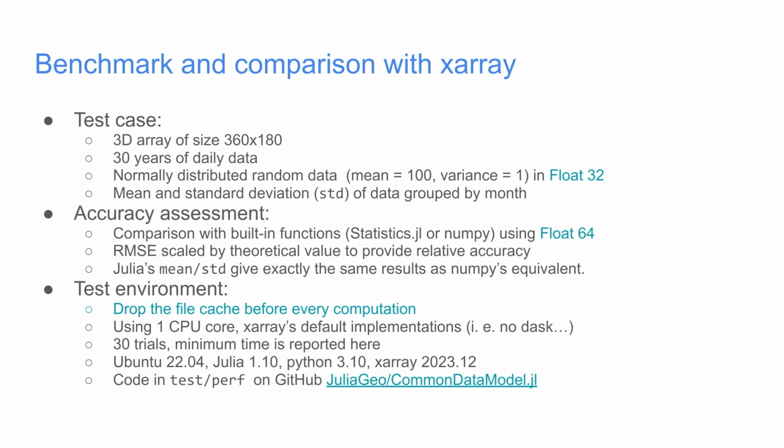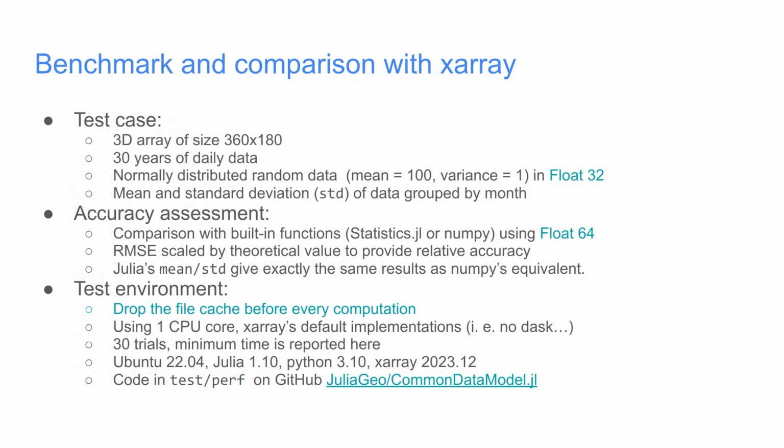If the mean were actually 0, I would not see any problem in precision because that would be the ideal case. But I decided to shift the mean and put 100. All the data is in single precision and the computation is also in single precision, to see if there's a problem with precision. We compute the mean and standard deviation. In order to test the accuracy, we took the data and computed mean and variance in double precision, directly using statistics or, for Xarray, the NumPy equivalent.